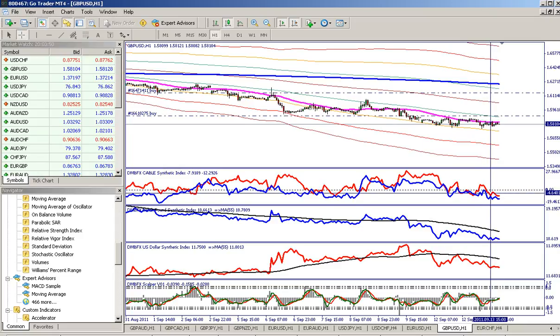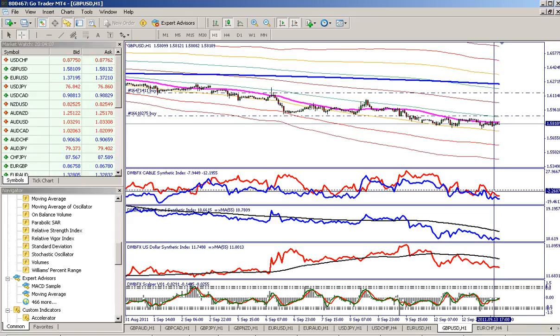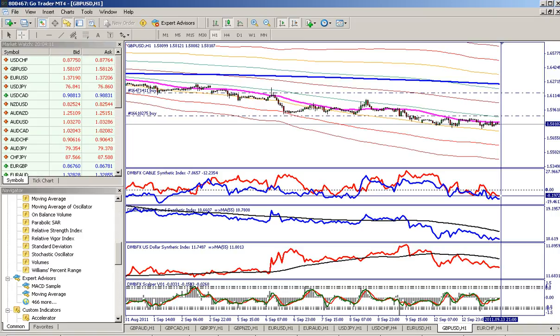It's pretty evenly leveled here, as you can see. Normally, whenever there's a divergence, i.e. the dollar goes up and the pound moves down, and if the pairs move closer to each other, that would be called a convergence, okay?